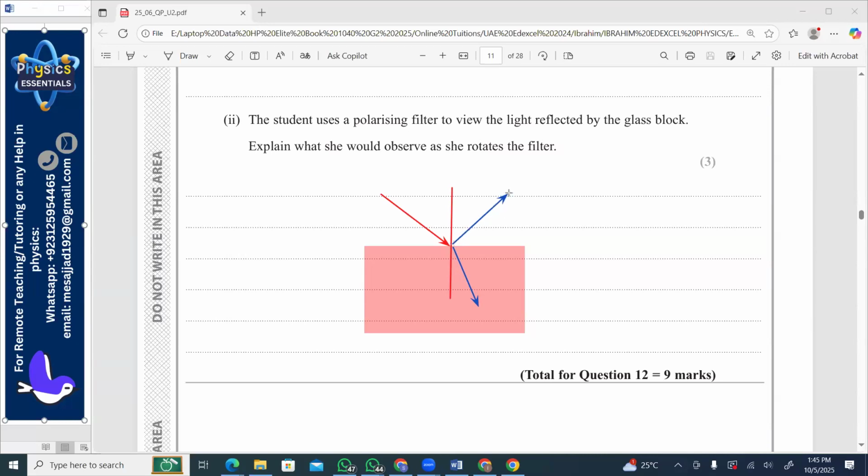Now there is a student. This is a polarizing filter of the student.